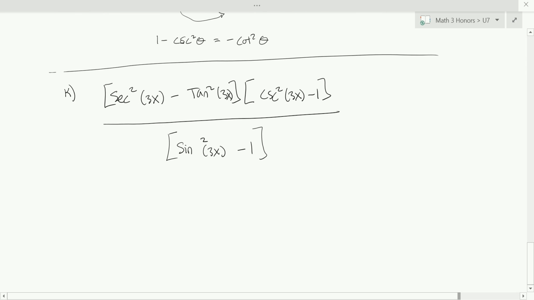Secant squared minus tangent squared is 1. Okay, that's nice. So this whole thing is 1, so you don't have to worry about it. It comes from the Pythagorean identity. How about cosecant squared minus 1?